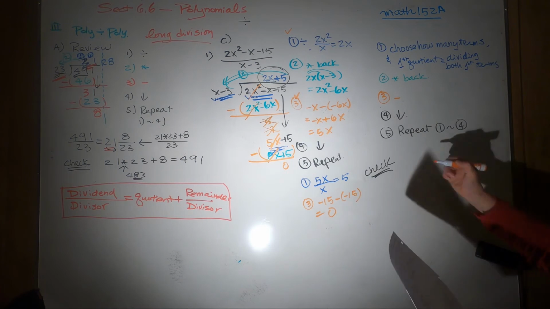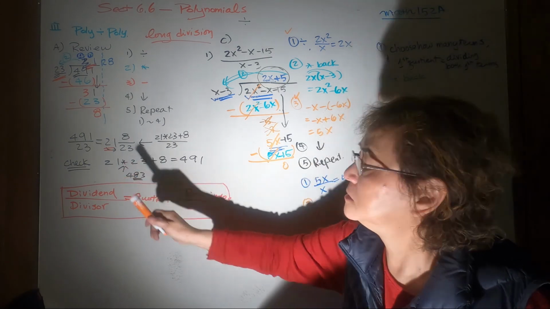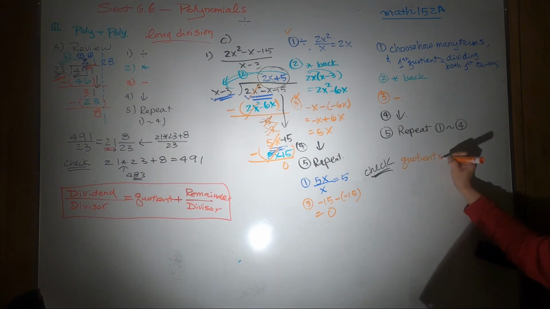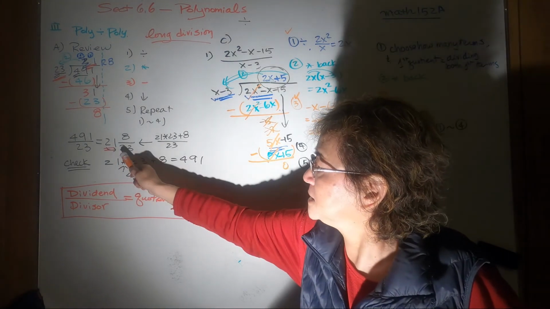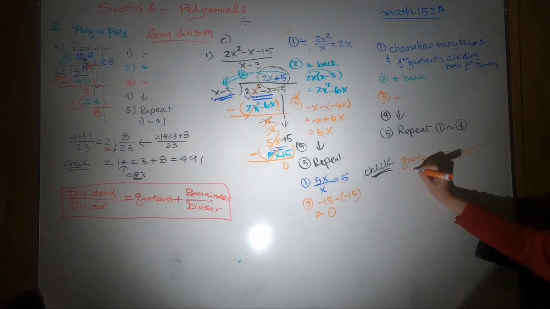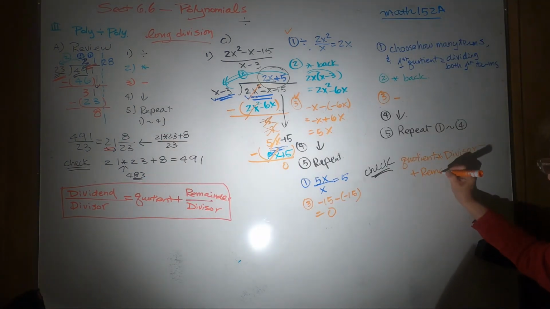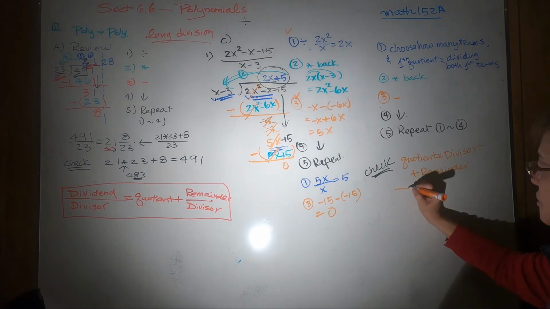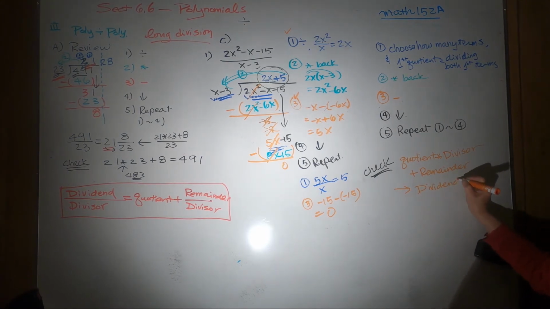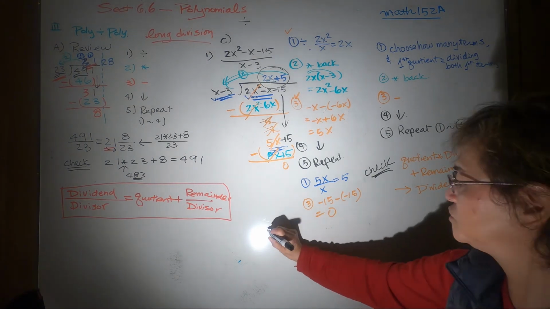When you check, you will multiply your quotient times your divisor, plus, if you have a remainder, then you should go back where you started, which is your dividend. So we need to check and see.